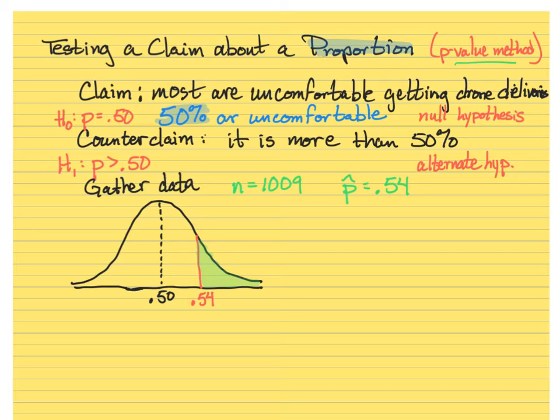That area is the probability. This is really important: that area is the probability of getting our value, 0.54, or something more extreme. It basically is the probability of getting our result due to chance. So at this point, if I want to find that area, we know what we need to do. We need the z-score, right? So let's find the z-score.